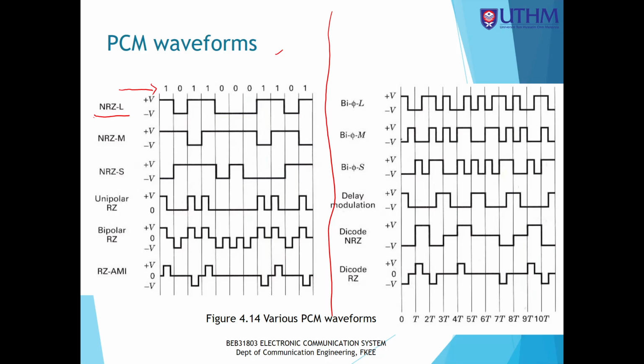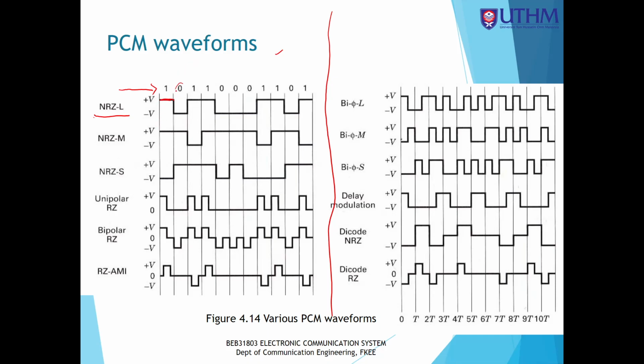The output will change only if the input code word changes from 1 to 0 or 0 to 1. If the input is the same value, there is no change. So let's do this. The first one is input logic 1, which produces a positive output voltage.